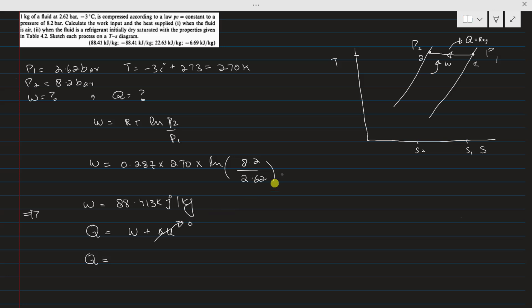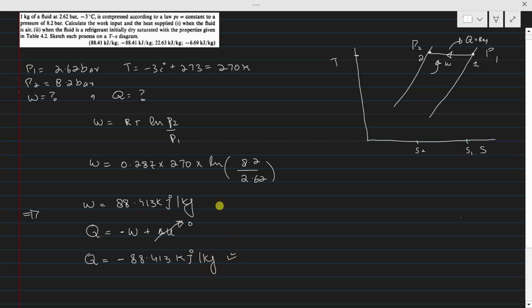In thermodynamics rules, when you represent heat rejection, you use a negative sign. So the heat that is rejected is 88.413 kilojoule per kg.